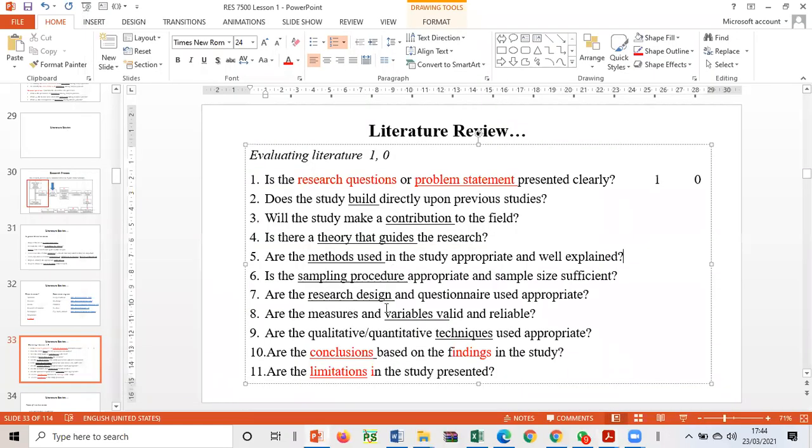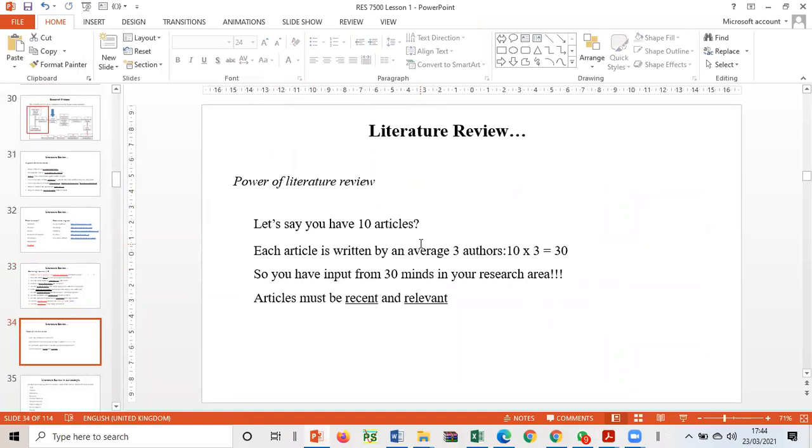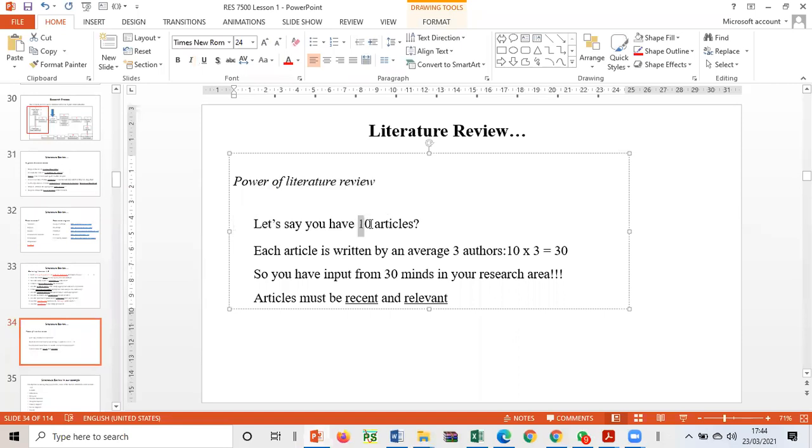Okay, so now you've done this literature review. Now this is what is important: the power of the literature review. How many supervisors will guide you? Two, let's say. All right. Now let's say you have gone through five articles to start with.